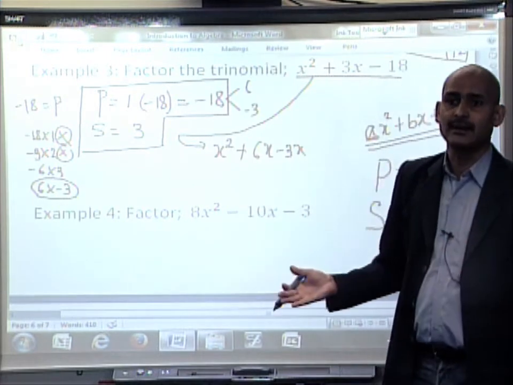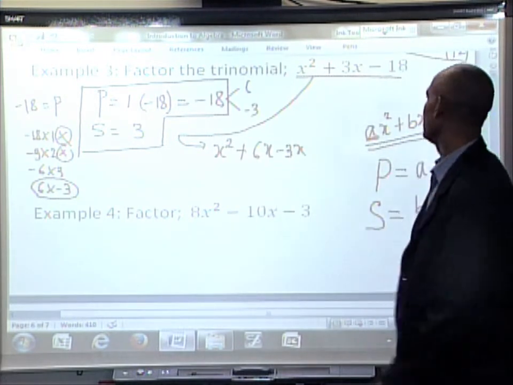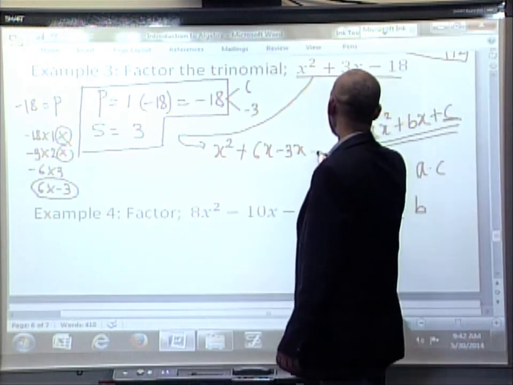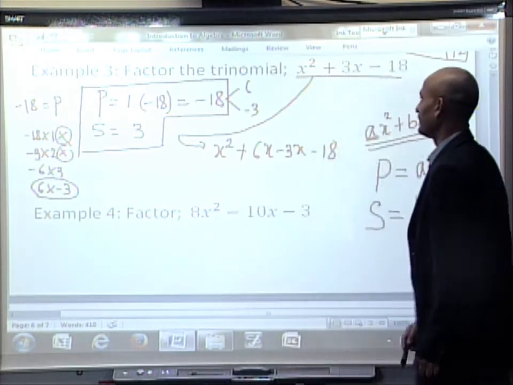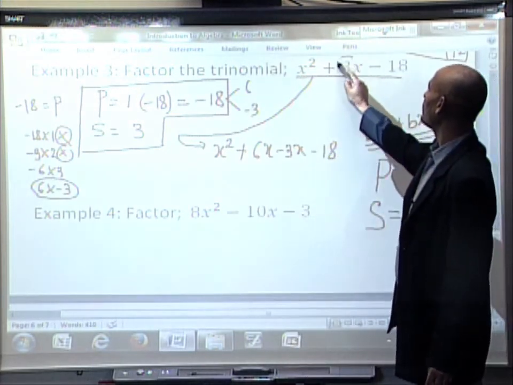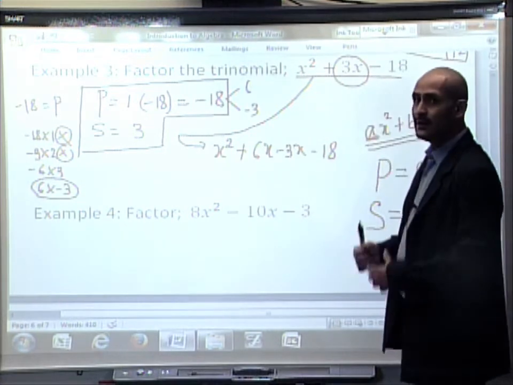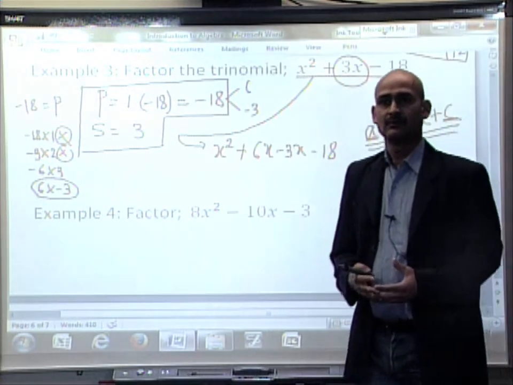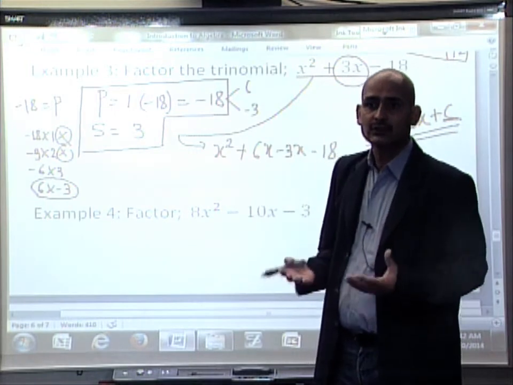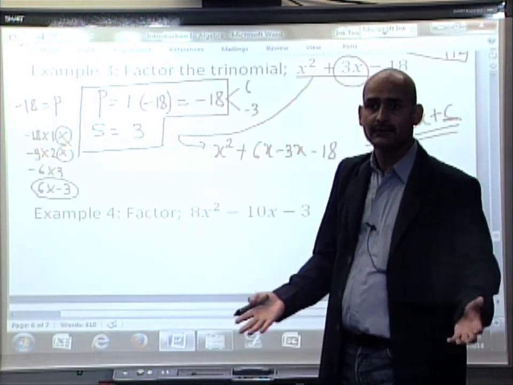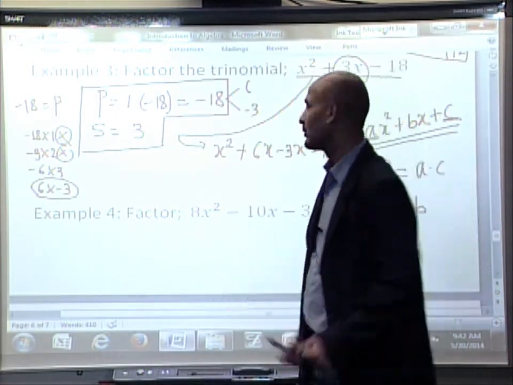The last quantity, minus 18, remains the same. Basically, we want to break this 3x into two parts so that their sum is 3. So 6 and negative 3 give us the sum equal to 3.